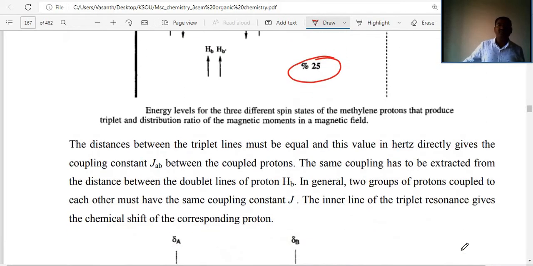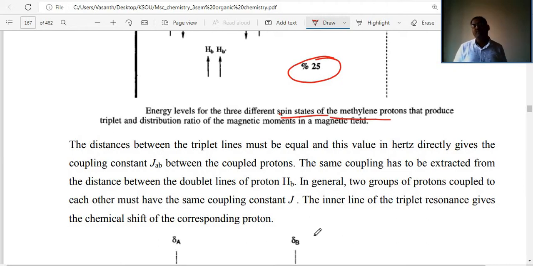This is the energy level for the three different spin states of the methylene protons that produce a triplet, and the distribution ratio of the magnetic moments in a magnetic field.